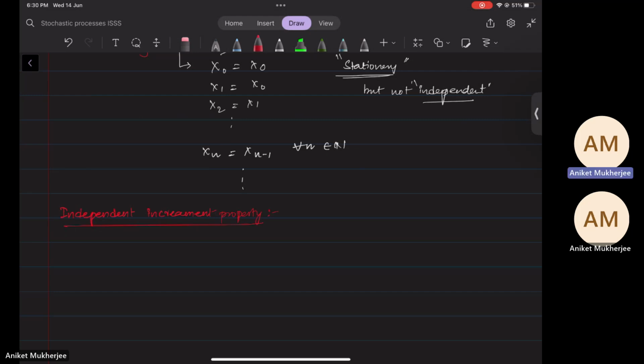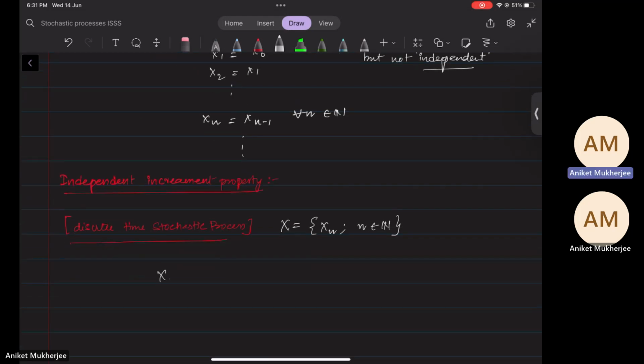For this, we'll consider a discrete time stochastic process, a collection of random variables, and I'll define it so that each X_n is the sum of the previous one plus a step.